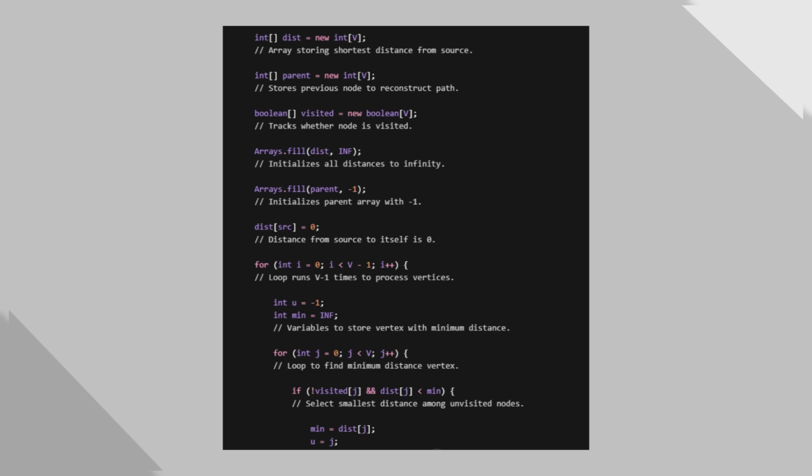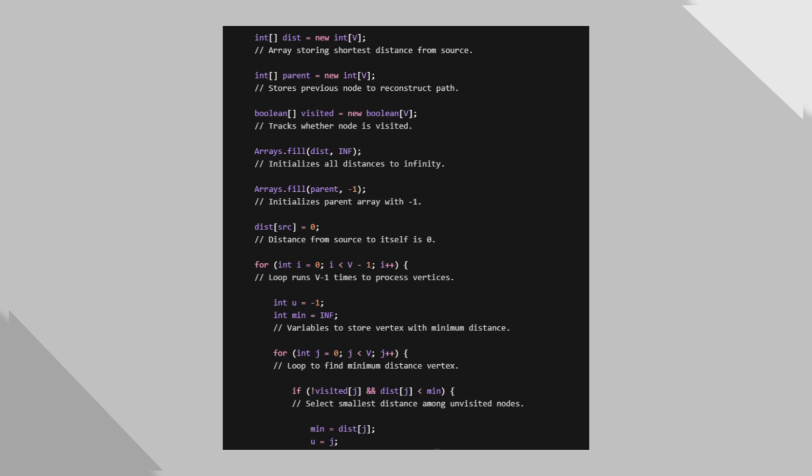Then a for loop runs V minus 1 times to process vertices. Then we initialize u equal to -1 and min equal to INF as integers. This variable is to store the vertex with the minimum distance. The algorithm then runs a loop to process all vertices.